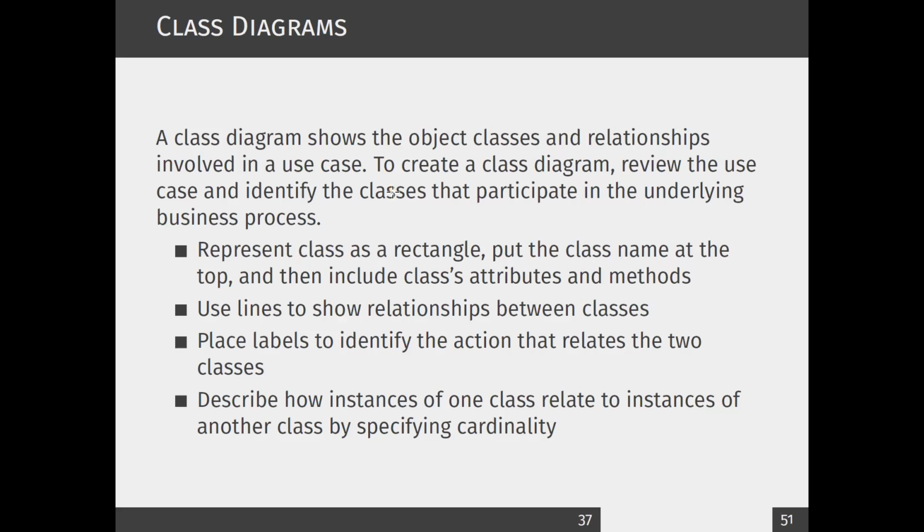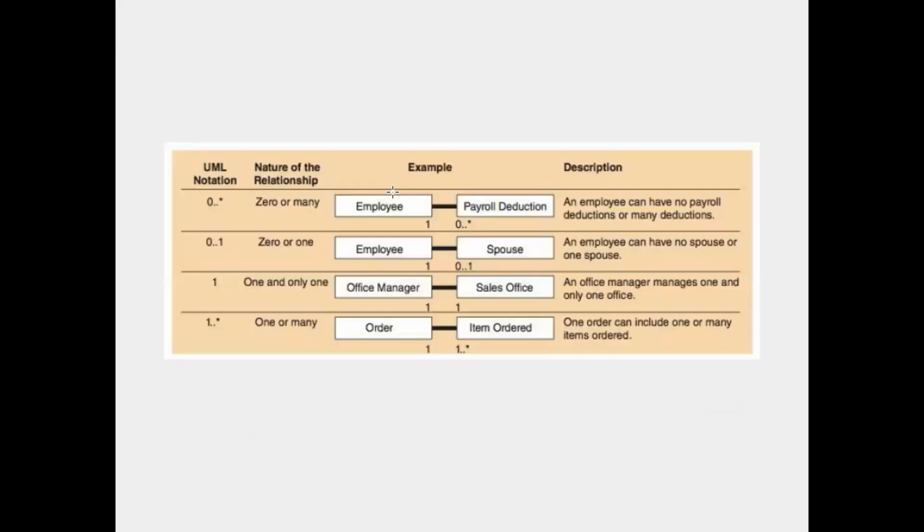Now, if you look at the types of relationships we can describe using min-max notation, especially the UML notation, this is how we represent them. We represent both the minimum value and the maximum value. Here the minimum value is 0, and the star means many. How do you pronounce it?